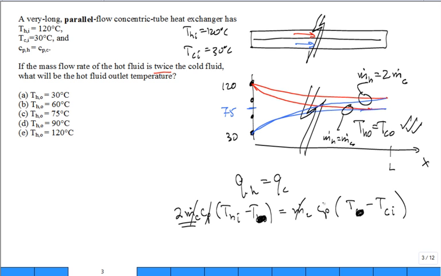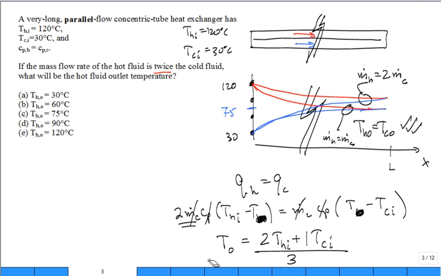Cancel, cancel, cancel, cancel. And so the temperature of the outlet is equal to, what do we pick up here? We're going to pick up 3 temperature outlet, which is going to be 2 temperature hot in plus 1 temperature cold in, divided by 3. So it'll be 2/3 of the hot in plus 1/3 of the cold in.